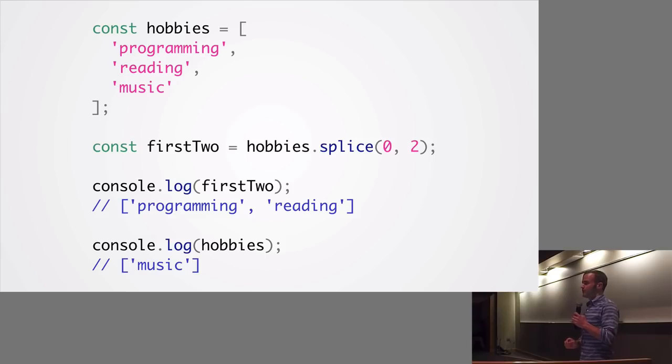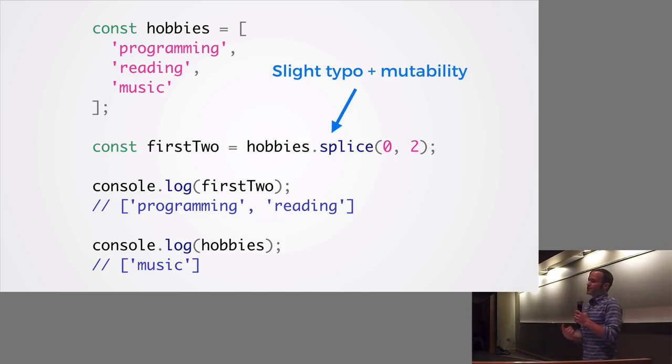So here's an example, very contrived, but let's say I have an array of hobbies: programming, reading, music. And then let's say I want to grab the first two out of that. I want to log them out. That gives me programming and reading. That's fine. And then later on I want to print out, again, what was in the hobbies array originally. But now I'm getting back just music. So what was the problem here? Well, in this case, I just had a slight typo, but I had a mutable state.